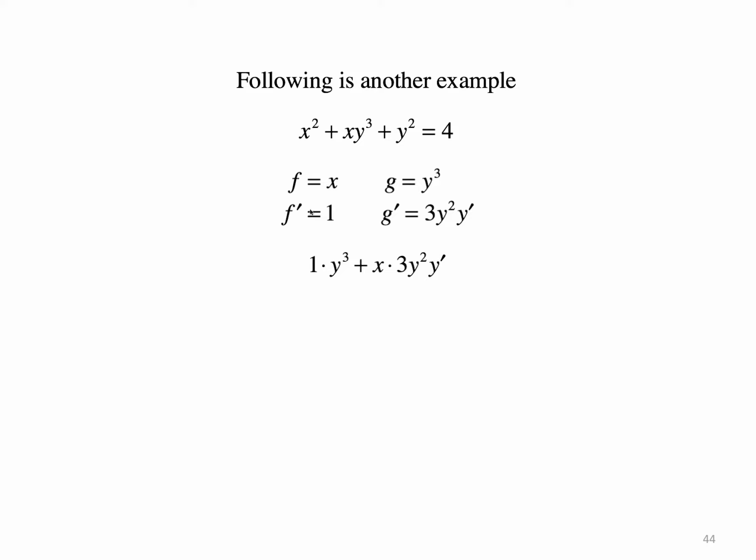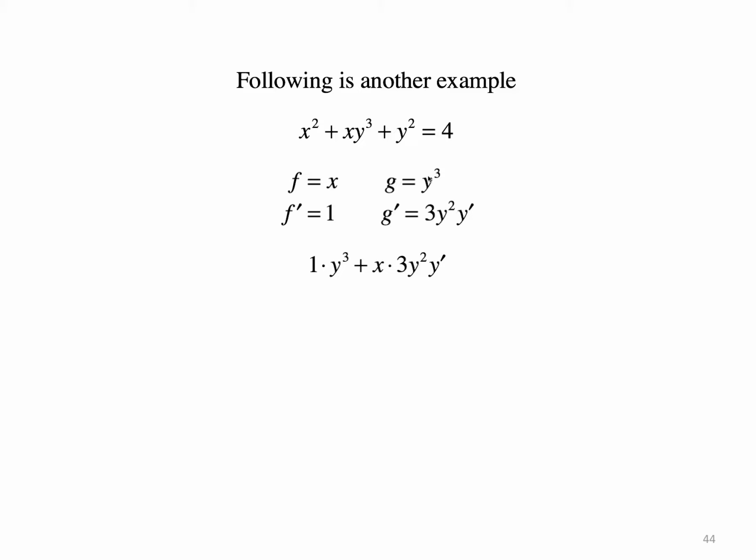That makes the derivative of f 1, so f prime is 1, and g prime is 3y squared y prime. Why is it 3y squared y prime? Because when you have a term that's just y's, or a function that just has y's as its components, then you differentiate it as you normally would if it was an x, and so we use the power rule.